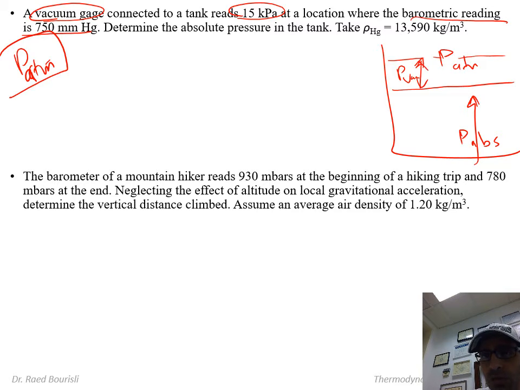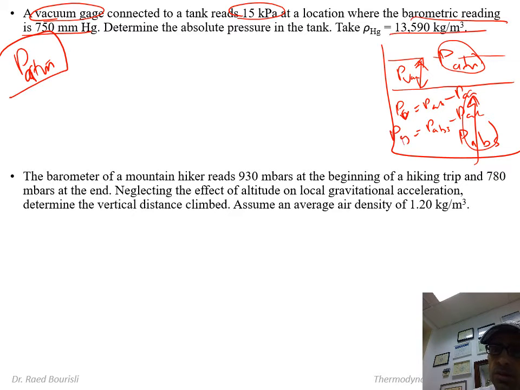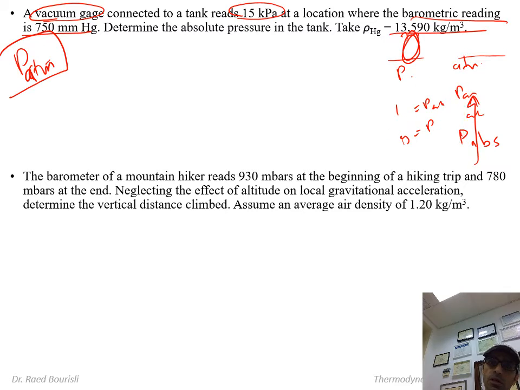It's positive because it's defined as when the absolute pressure is lower than the atmospheric pressure, then P vacuum is equal to P atmospheric minus P absolute, and vice versa, P gauge is equal to P absolute minus P atmospheric. If the absolute is above, this guy is P gauge; if the absolute is below, this guy is P vacuum. So we have a picture of this.